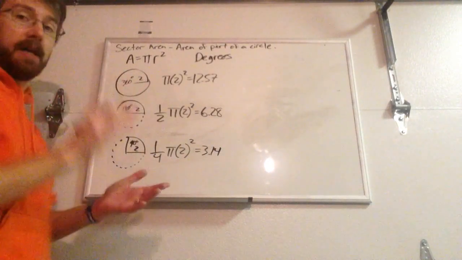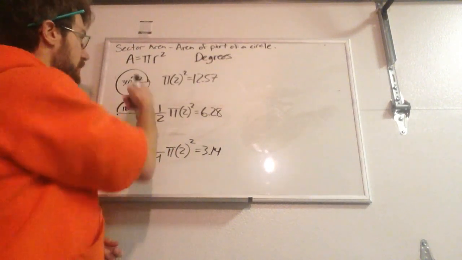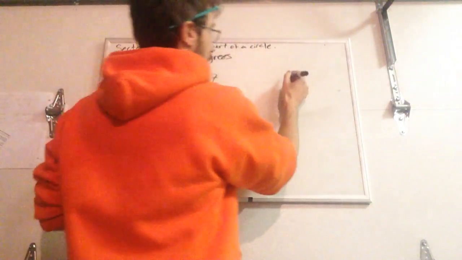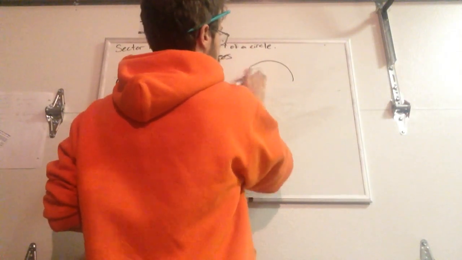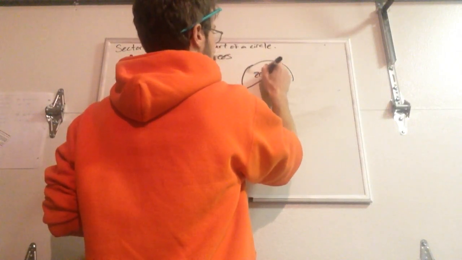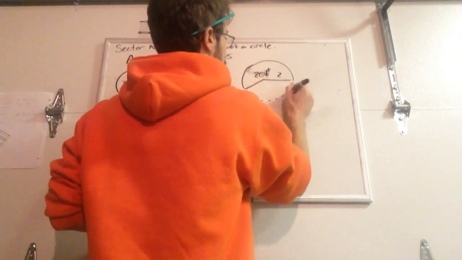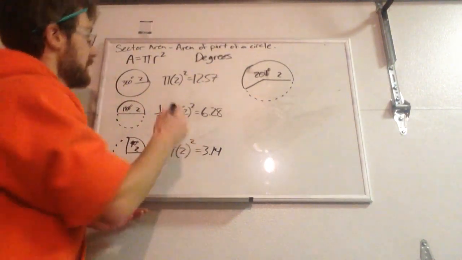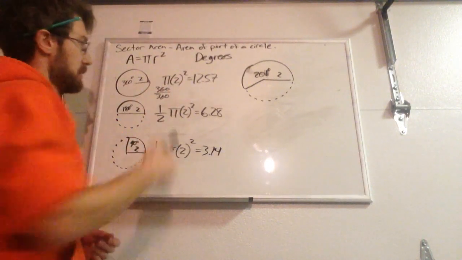Now again, I want to think about this as how much of the circle I have. Do I have a full circle, a half circle if it's 180, a quarter of a circle if it's 90? And then we've got our old friend from last time, 201 degrees. Ooh, I can't write. And that's the missing chunk. Just like last time, if I do 360 over 360, because there's 360 degrees in a circle, that's 1.